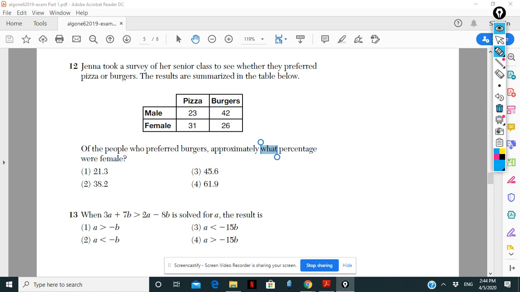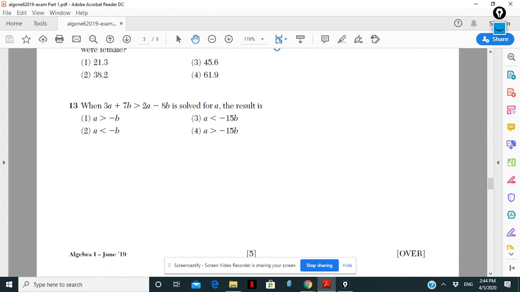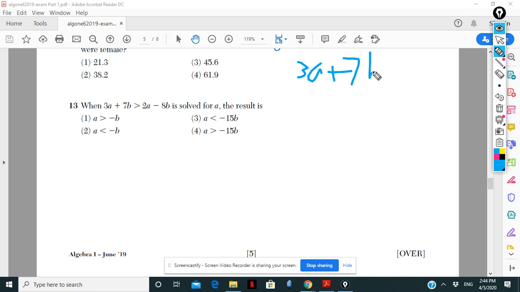Question number 13. When 3a plus 7b is more than 2a minus 8b, solve for a. So I have here 3a plus 7b more than 2a minus 8b.